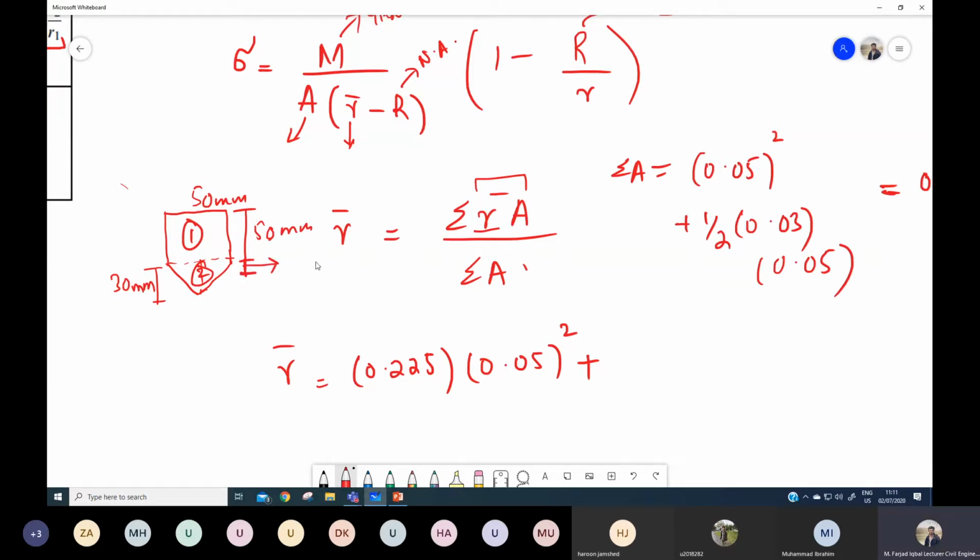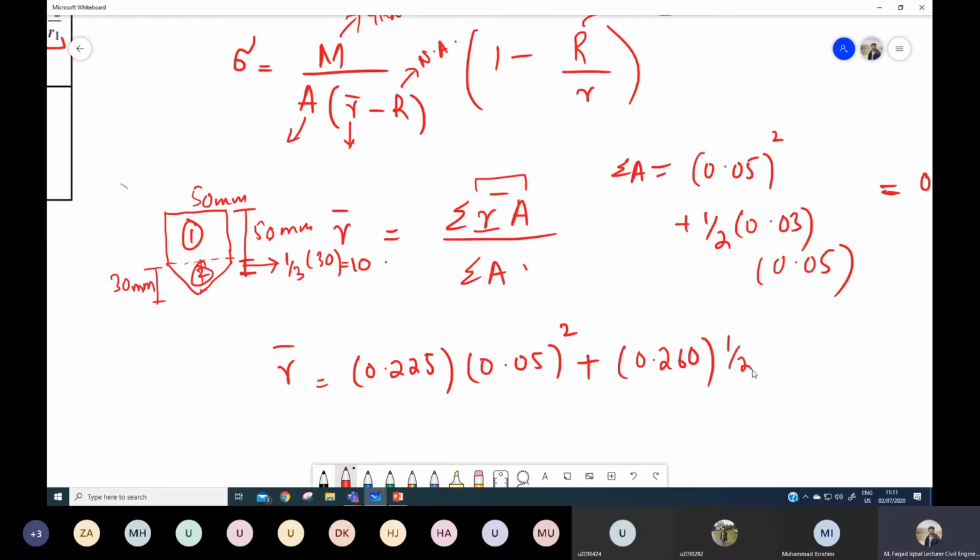What will be this distance? 1 by 3 into 30, that will be 10. So we have 250 plus 10, that is 260. Converting it into meters, I get 0.260.